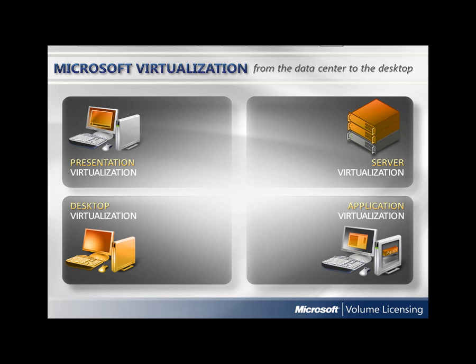There's desktop virtualization, which gives IT administrators an easy and centralized way to manage employees' computers. And finally, there's presentation virtualization, which gives high levels of IT control and security when delivering both desktops and applications to users. You may choose to deploy some or all of these virtualization solutions in your organization.